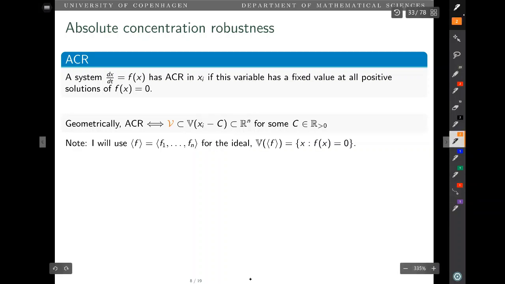And just because I will be writing this afterwards, this is a notation that I use for an ideal. So the ideal generated by F means all the combinations, linear and nonlinear combinations of the polynomials which appear in the right-hand side in my system.